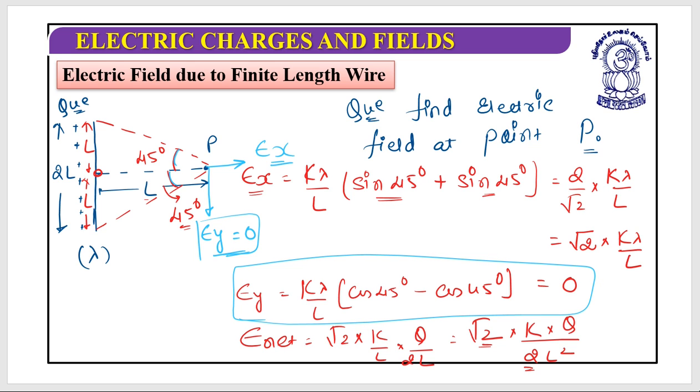So on a rough basis, you can remember that if a location is a midpoint, for which you require the electric field, in this situation your Ey would always be 0. Don't bother about the Ey when your angles are equal. Do you understand what I mean? When two angles are equal, that means my alpha and beta have the same value, in that situation you do not need to bother about the Ey.